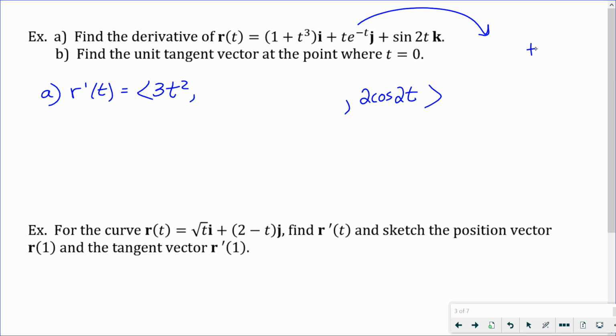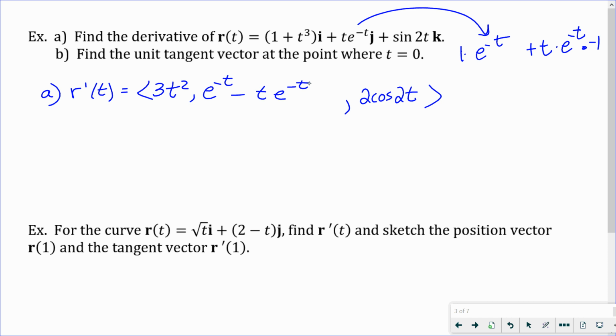So me personally, I'm like, okay, derivative of t is what? 1 times, leave e to the negative t alone. Then I'm going to leave t alone, so that's still there, but what's the derivative of e to the negative t? Correct. e to the negative t is e to the negative t again, but times the derivative of negative t, which is negative 1. All right? So if I clean that up, I'll get e to the negative t, that'll be a minus t e to the negative t.